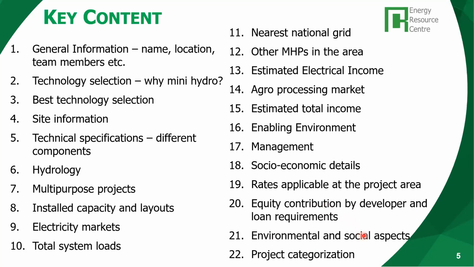What are the social and environmental impacts, and what measures are to be taken to mitigate these impacts? Then we categorize the project. As I think in the previous lecture, there are 4 categories of projects from an environmental social perspective in Mozambique: A+, A, B, and C. So we have to categorize this project because, based on the category, the safeguard requirements will be different.